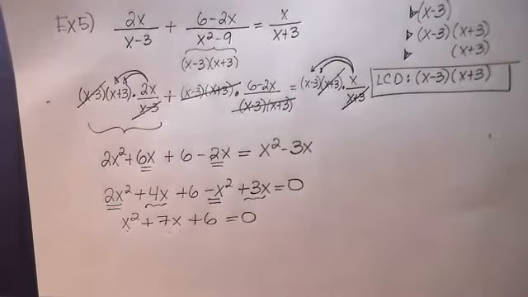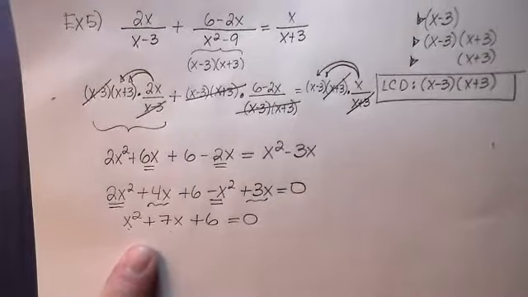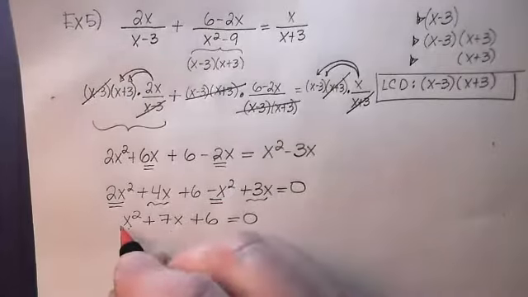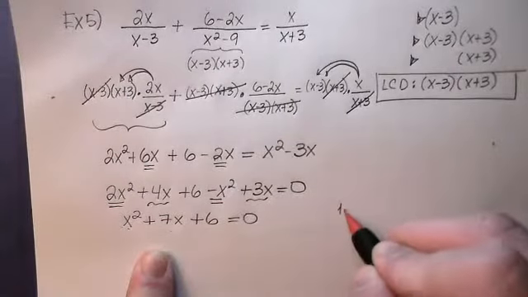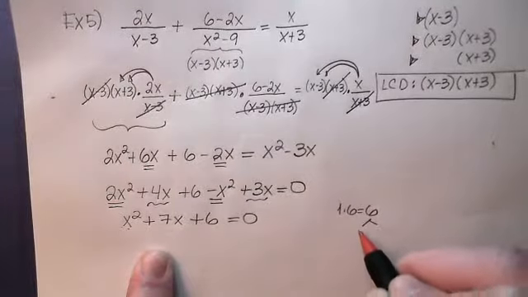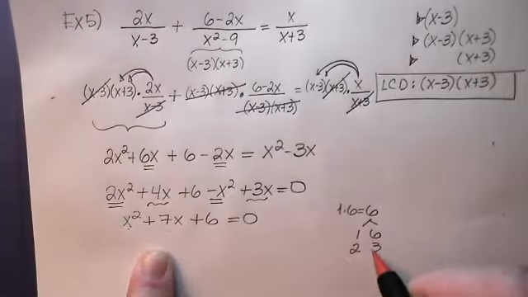Now, I ask myself, can I factor anything from all three? The answer is no. Can I use special factors? No, I cannot. So I multiply 1 times 6, which is 6. And then what numbers give me 6? 1 and 6, and 2 and 3.